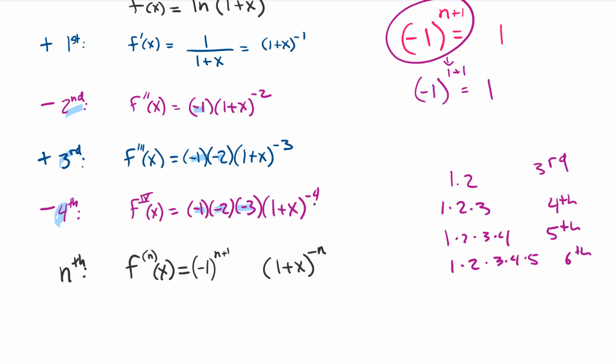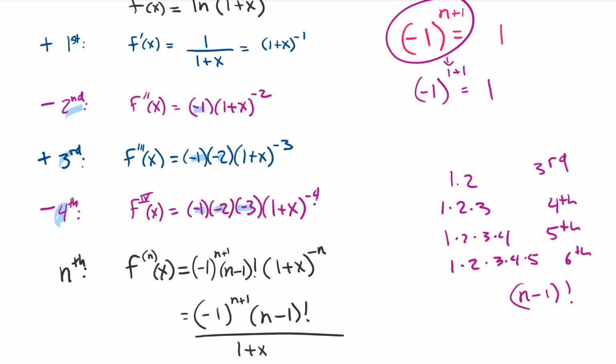So these are our nth terms, so maybe we just say it's n minus 1 factorial. It's 1 less than whatever term we're at. And if you wanted to truly clean this up, it's -1 to the n plus 1 times n minus 1 factorial all over 1 plus x raised to the nth power.